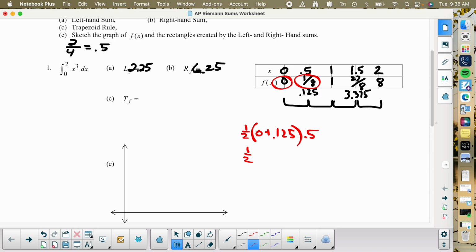My second trapezoid. So I'm basically just using the number on both sides of it. 3.375. Now, before we get too far, I'll show you the shortcut.